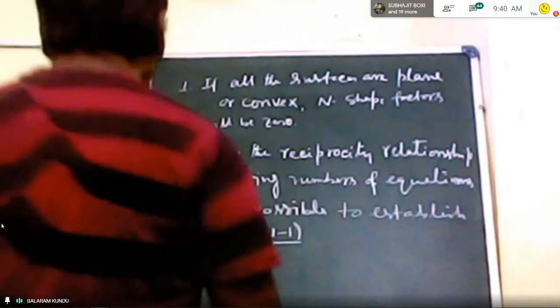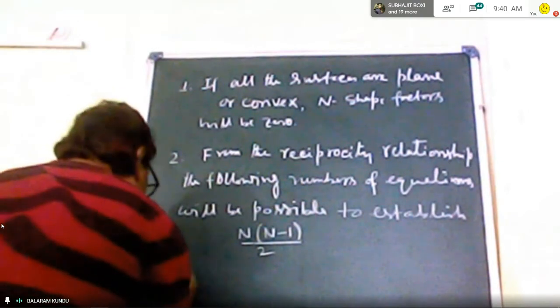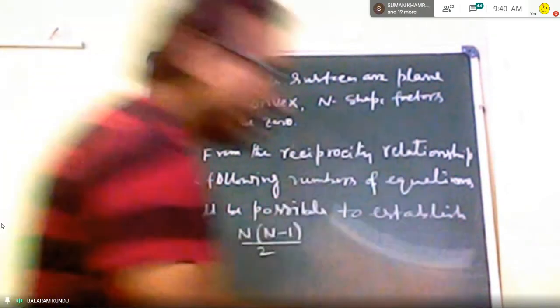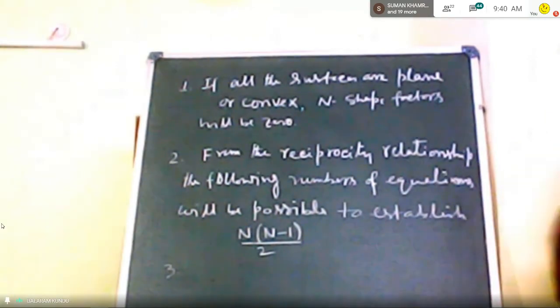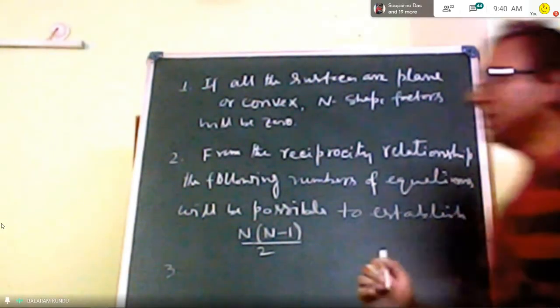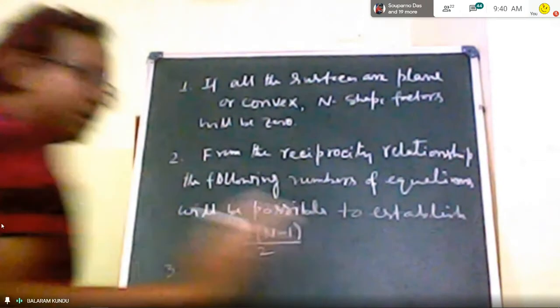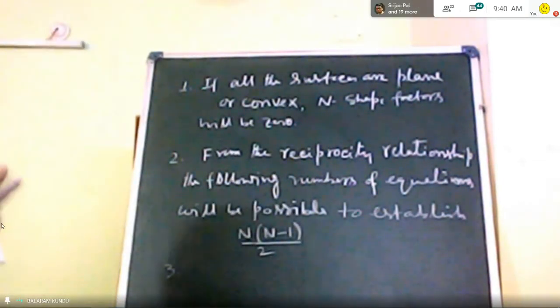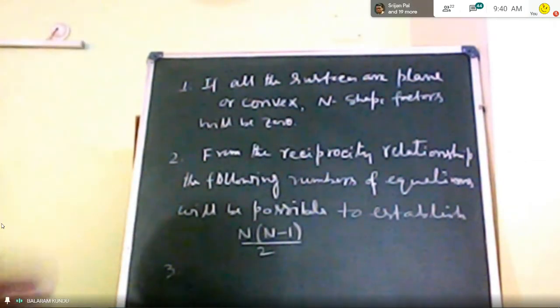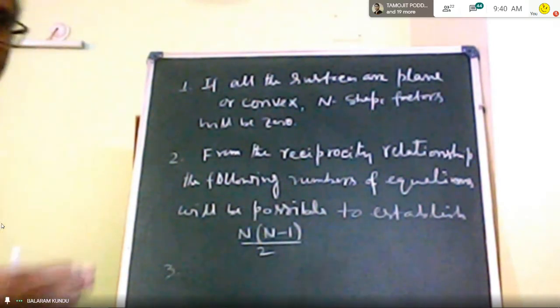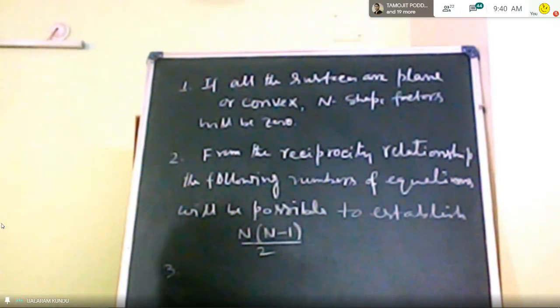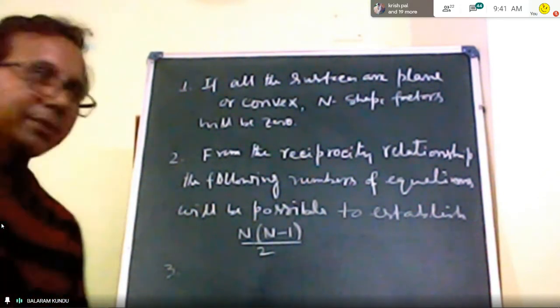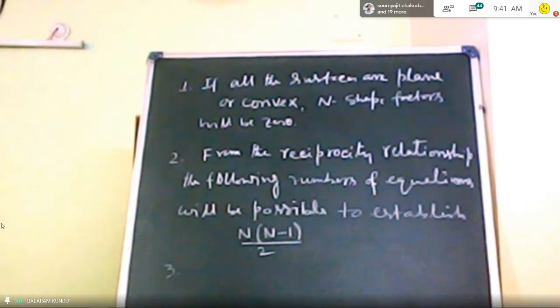In the third one, you see the summation rule. Another equation would be possible to establish by using the summation rule, and n number of equations will be possible to establish by considering the summation rule. That means n number of shape factors will be possible to determine by using the summation rule.